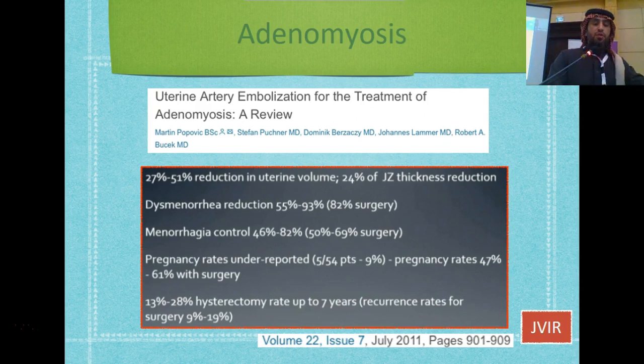This is the same study, which shows that we tell the patient there will be up to a 50% reduction of uterine volume. The junction zone will reduce in a quarter of the patients. The symptoms overall improve, and the hysterectomy rate will be much less.